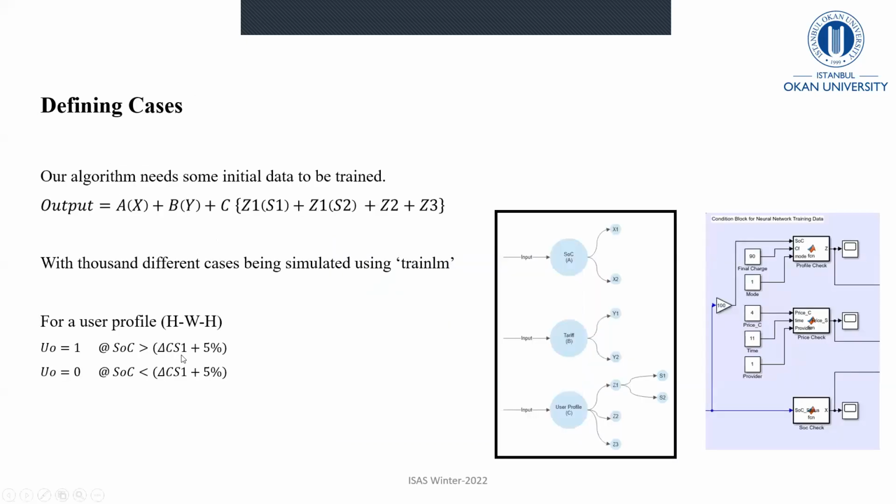Now, defining the cases. Our algorithm uses a basic formula which requires three true conditions. First, the state of charge has to be at a level that generates a true signal.